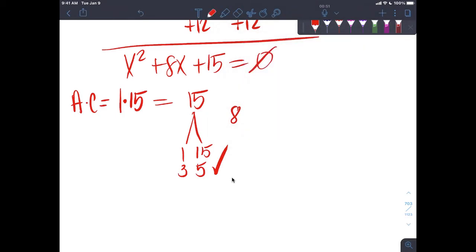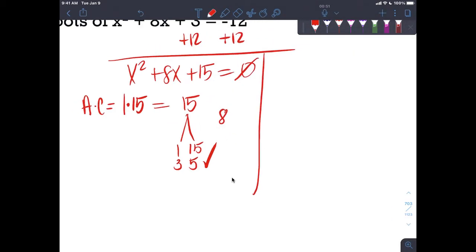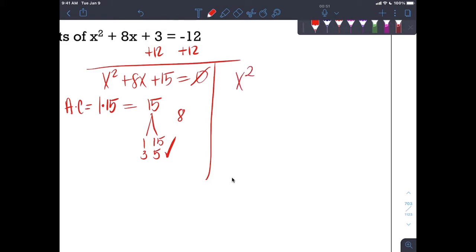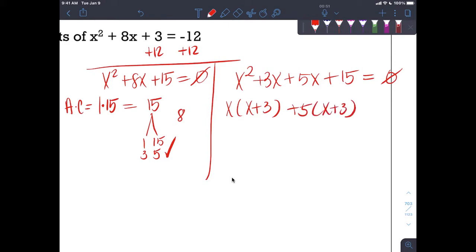Okay. So now I'm going to take my b value and split it apart. Now I'm going to factor out from just the first two. Then I'm going to factor out from just the second two. I'm going to verify that the insides are exactly the same.